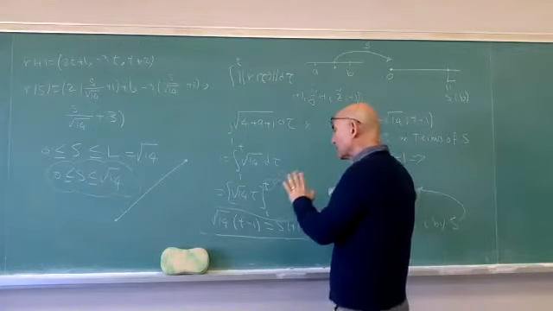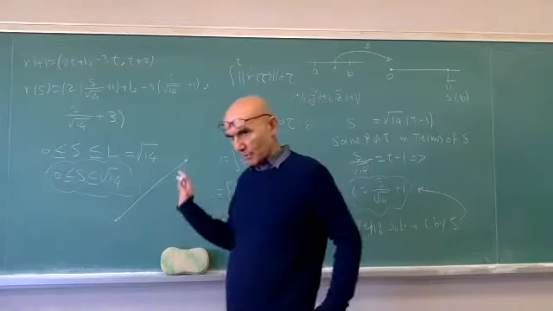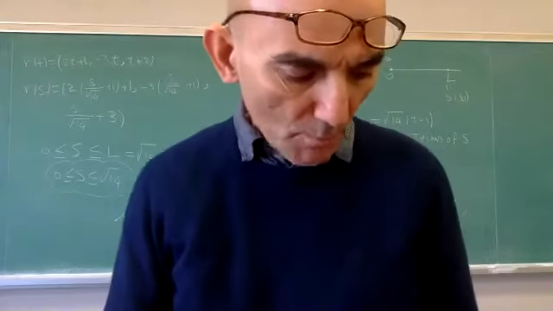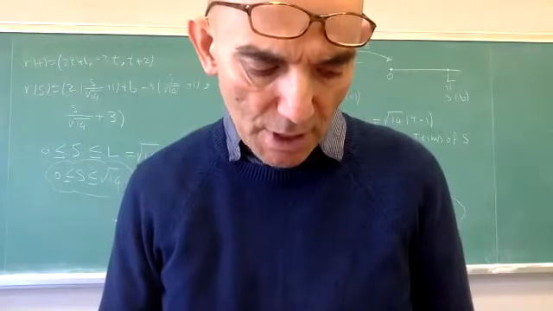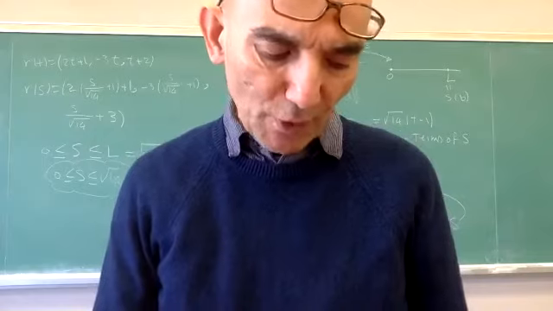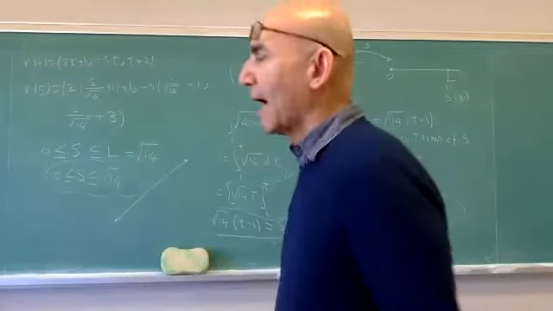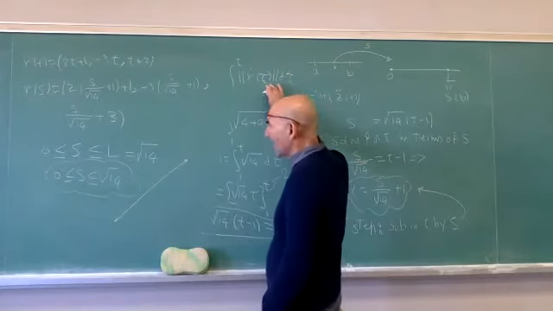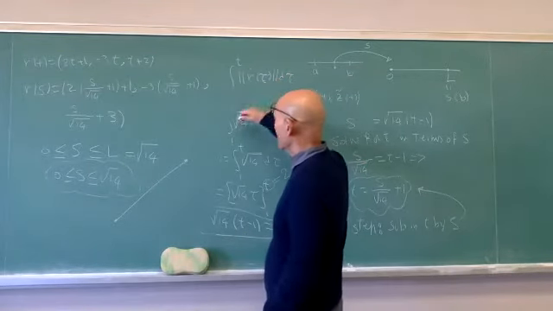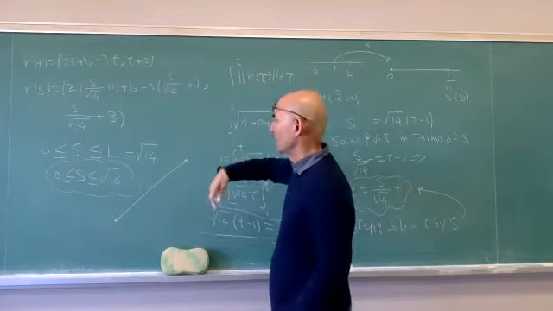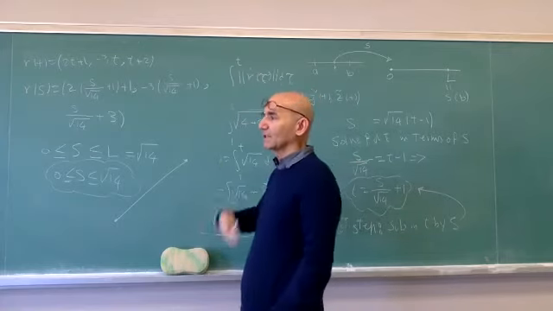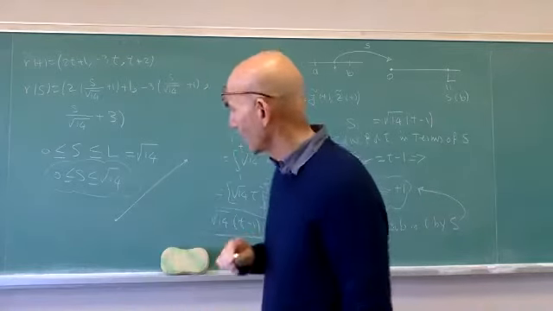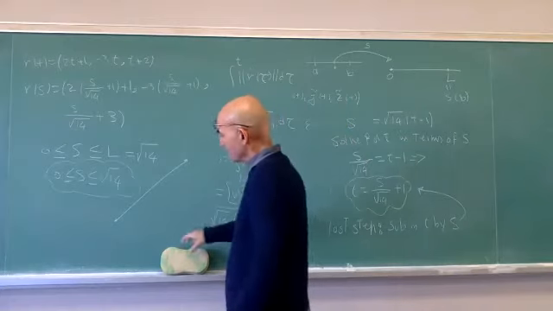This is a nice type of question about arc length parameterization. There were several questions packed in one. We had to know the formula for the length, how to compute the length of the curve, and then how to invert this function, what is arc length parameterization. So this was a nice one.